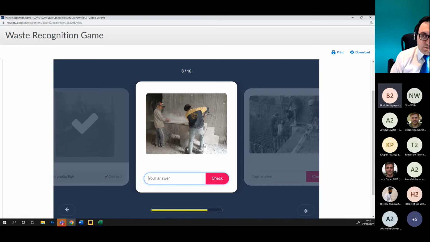The reason is they are redoing the stone. If they had done it in the first place, they could fix it in the wall where it needs to go. But they have to redo the materials. Time waste, and then the material waste.